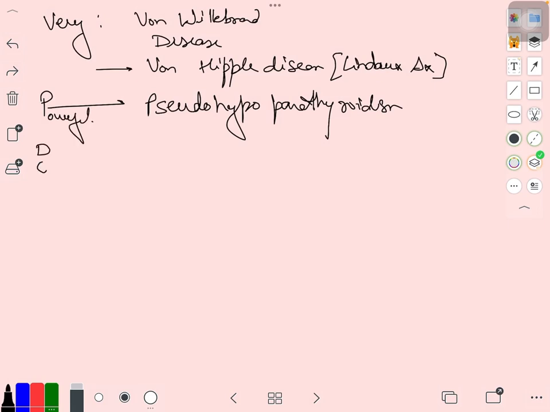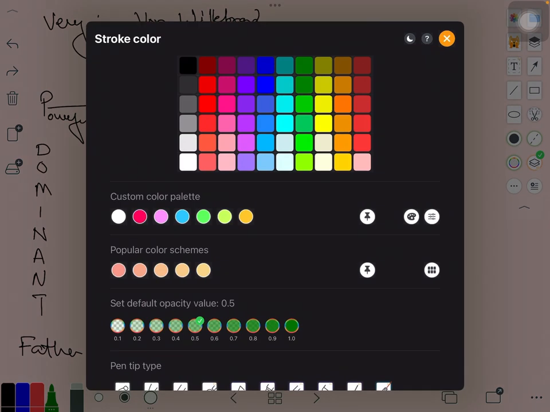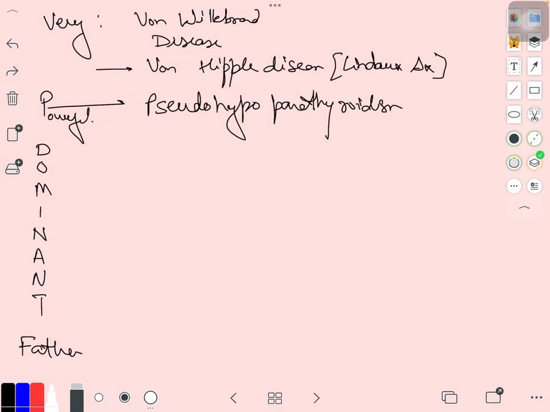Now there are a list of diseases which start with the letters of dominant. And lastly we'll have father. Okay, let's change the color. Let's go with the white one.